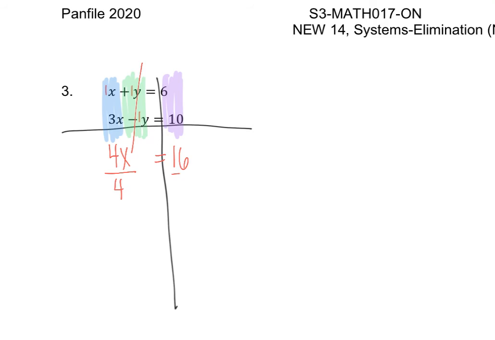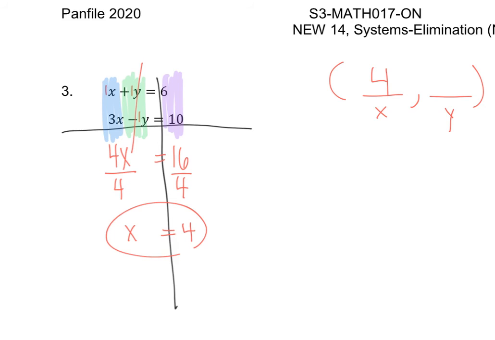We divide both sides by 4. We have x equals 4. Working towards that ordered pair, x, y. X equals 4. It's x comma y. So that goes in our first slot, 4. I'm going to place this in my first equation because my first equation is pretty basic.